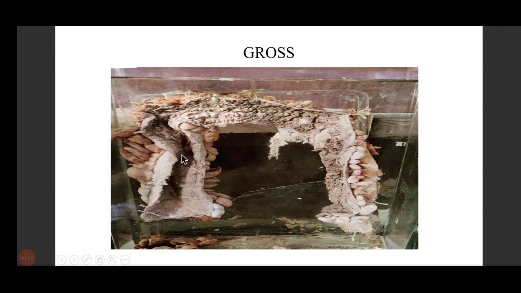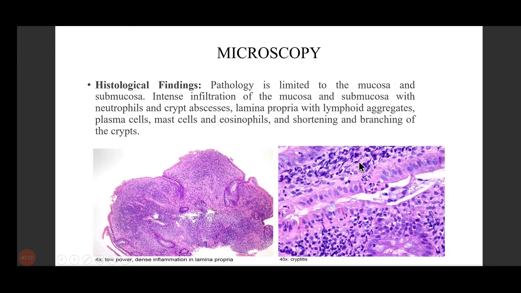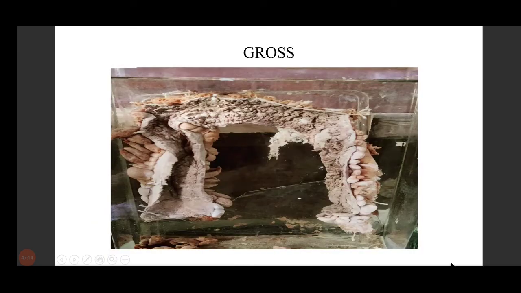This is the specimen we got, okay, and the ulcerations are there because the mucosa is not normal. The ulcers, I can't see very properly, but there are a few projections which you can see here. Okay, this specimen is kept in museum.